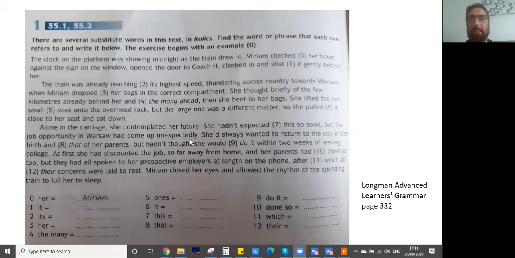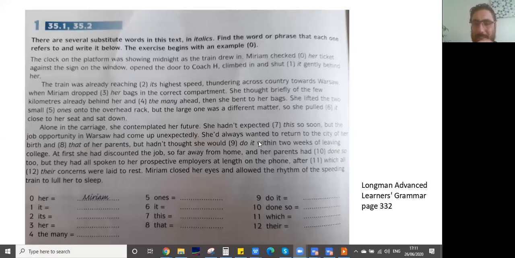Had come unexpectedly. She always wanted to return to the city of her birth and that of her parents. So what is that referring to here?